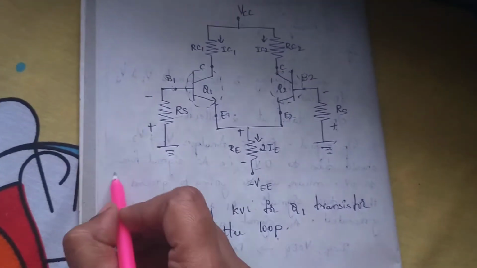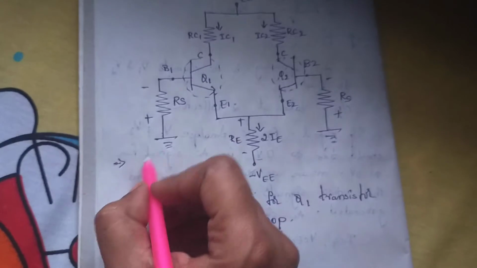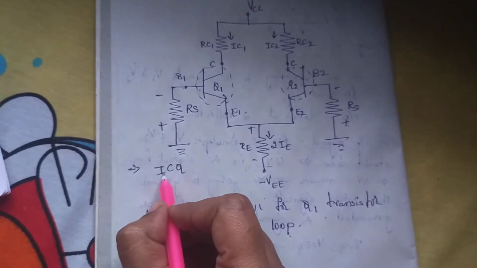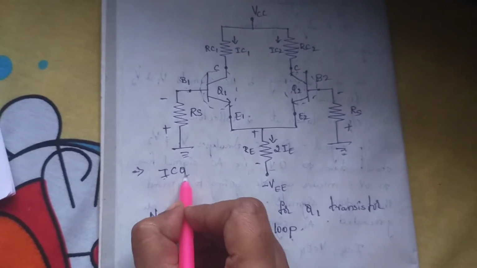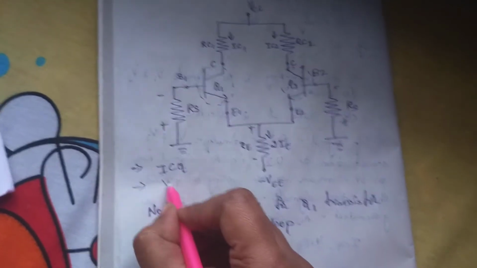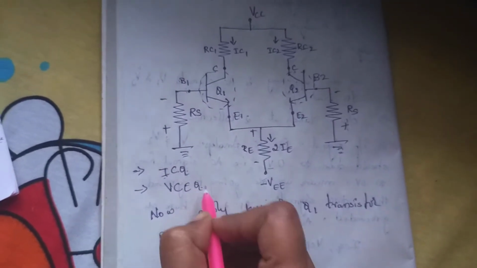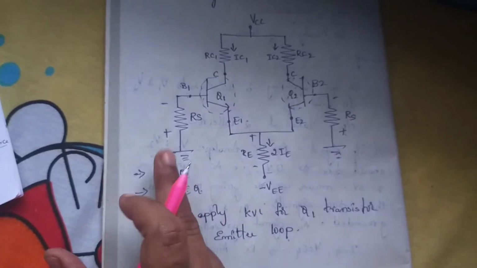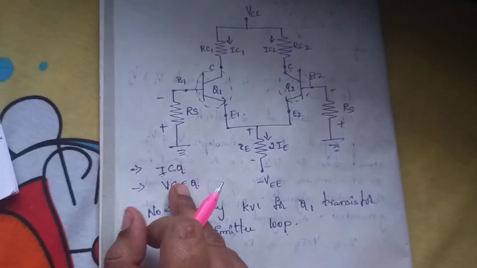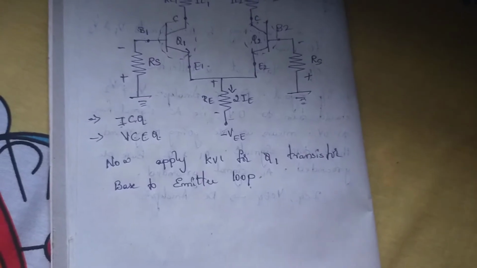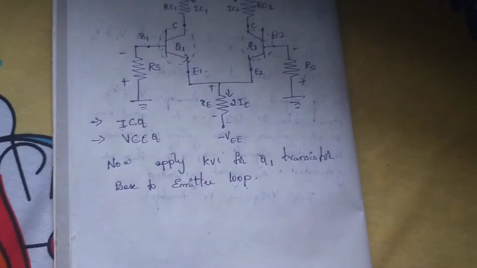The first operating point is ICQ, the collector current at the Q point, and the next one is VCEQ, the collector to emitter voltage at the Q point. These two operating points we have to find. Now apply the KVL for the base to emitter loop of the Q1 transistor.